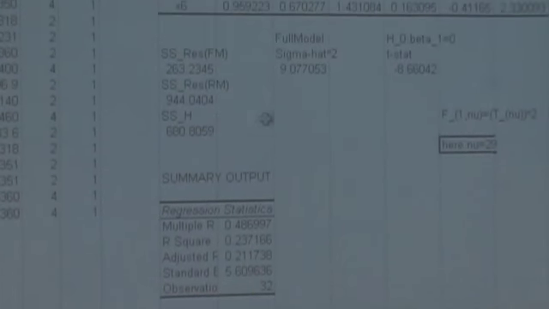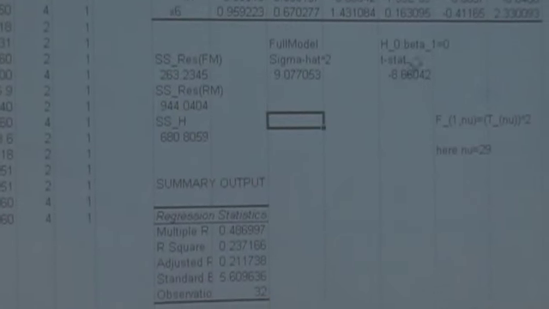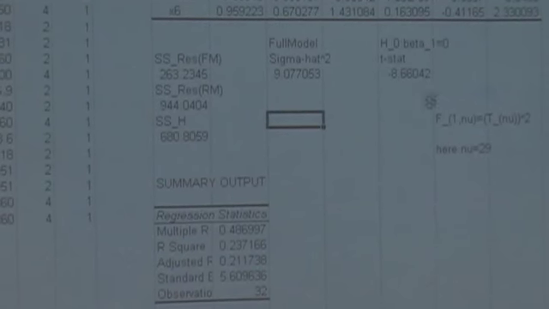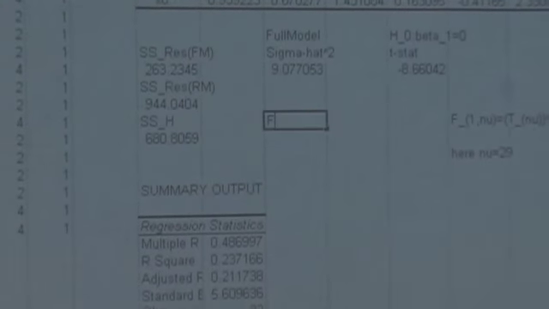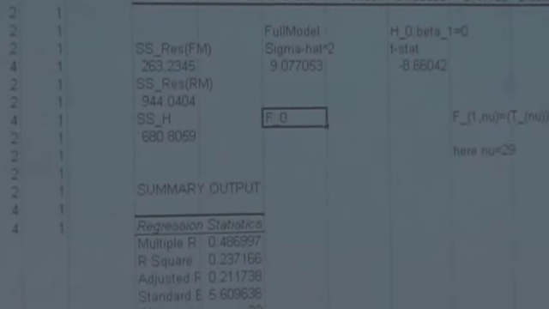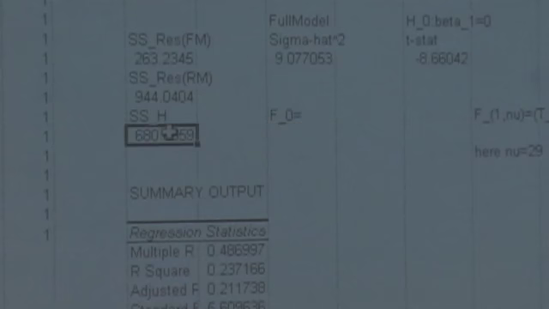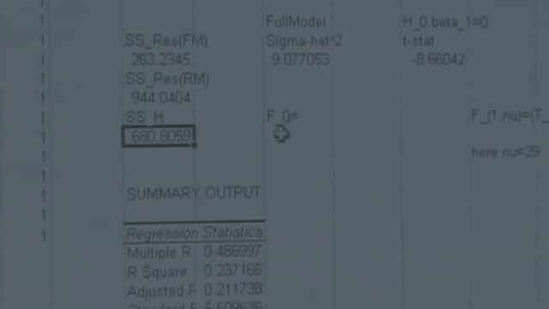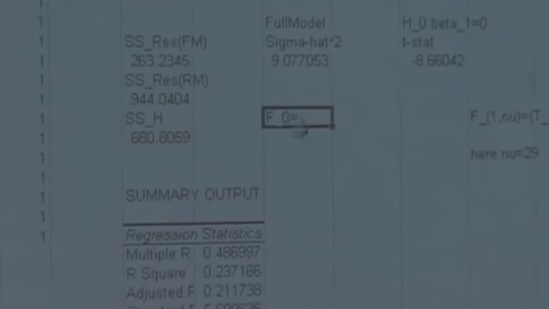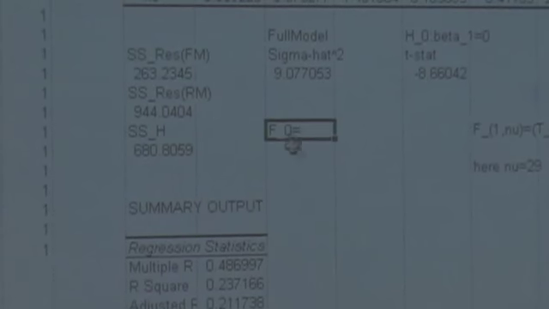So that's the SSH. Now I just want to check, and I'm sort of trembling here, whether I got it right. The F statistic, which corresponds to beta 1 equal to 0, is F naught equals SSH, which is this number, well, I already wrote it on the board. Is everybody clear?